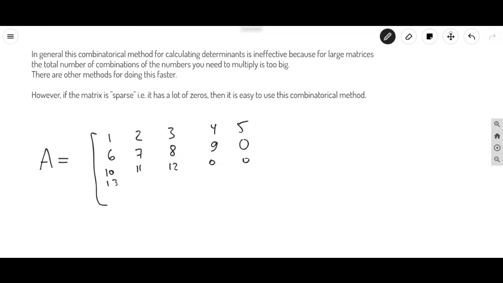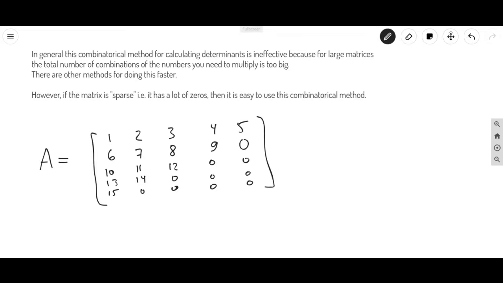And there's going to be 13, 14, 0, 0, 0. Then we're going to have 15, 0, 0, 0, 0. Let's just check. This is a 5 by 5 matrix.